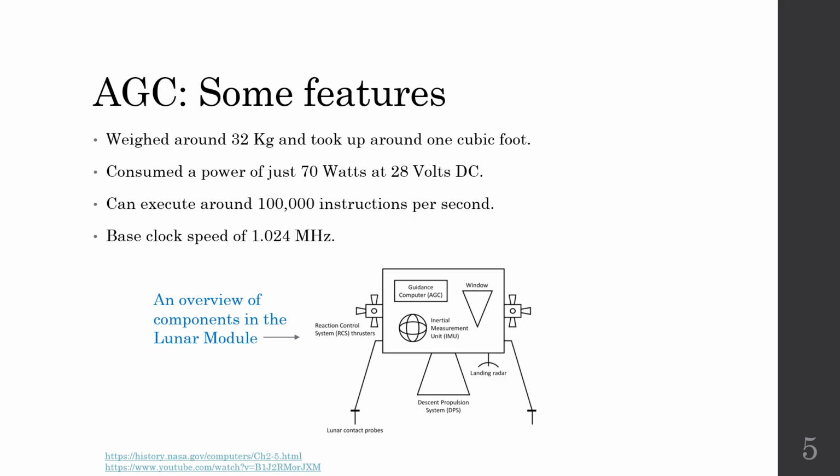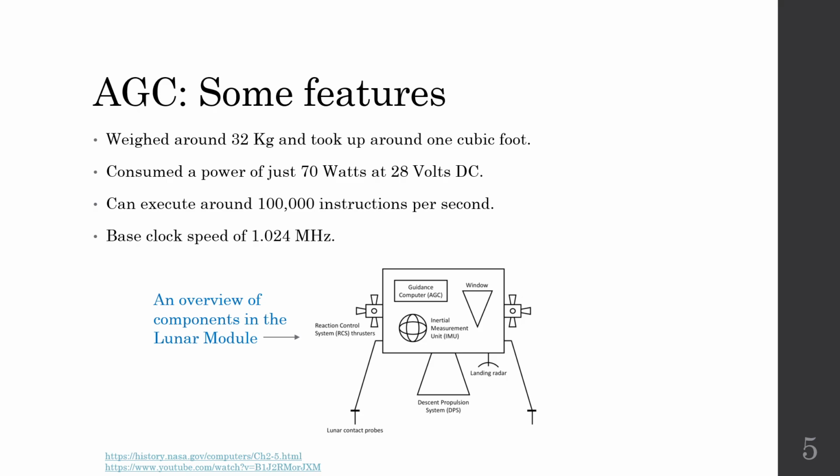It can execute around 100,000 instructions per second, and the base clock speed of the Apollo Guidance Computer is around 1 megahertz. In the given diagram, we can see the basic blueprint of the command and lunar module. We can see the Apollo Guidance Computer along with some other input and output devices like the inertial measurement unit (IMU), thrusters and others.